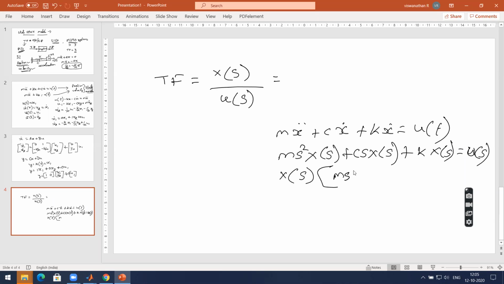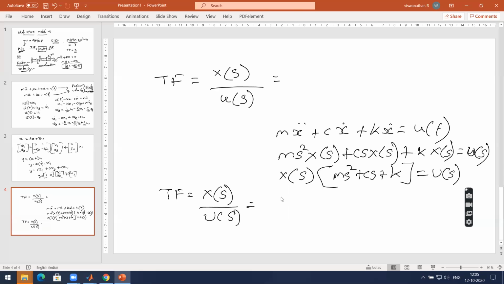Ms square plus Cs plus K is equal to U of s. So what is the transfer function? X of s by U of s is equal to 1 divided by Ms square plus Cs plus K. So this thing is a very simple one.